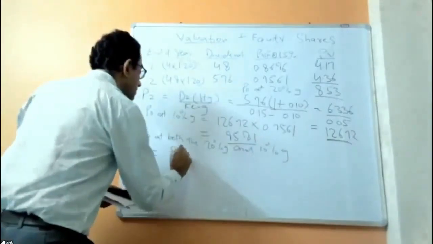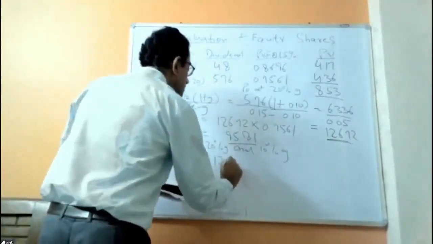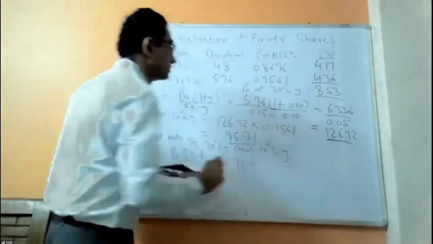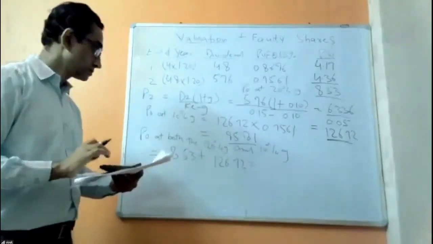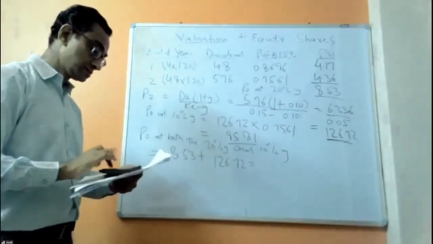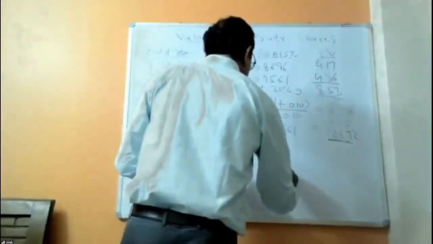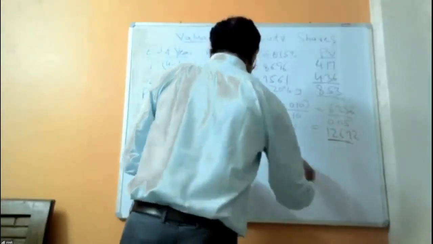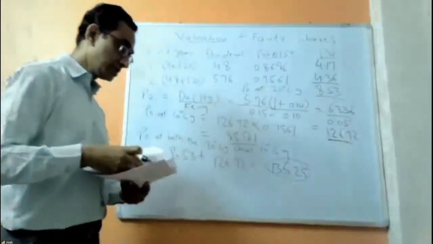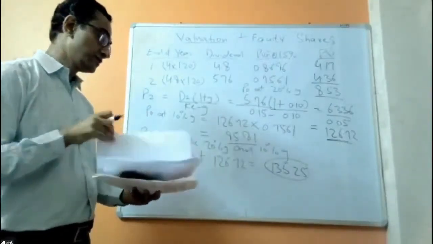So it will be 8.53 plus 126.72. So it's actually coming to 135.25.